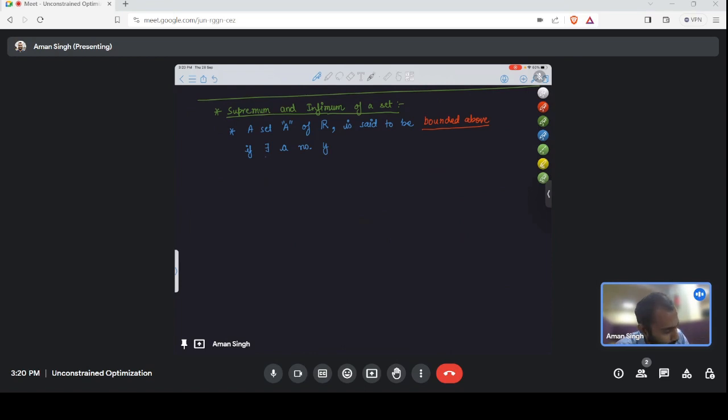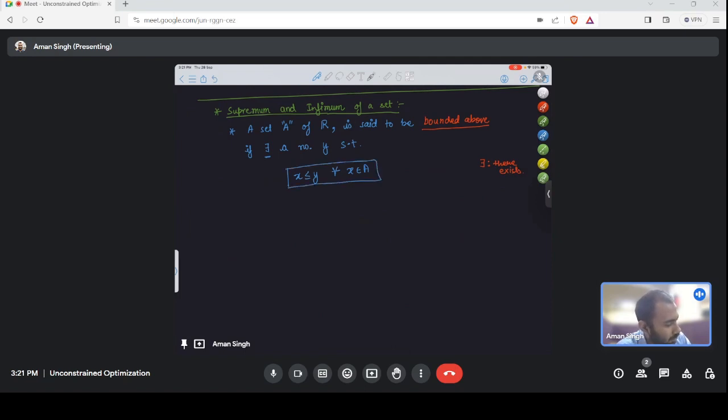This symbol is there exists. Now a number y such that x is less than or equal to y for all x belonging to A. So all members of A are less than or equal to y. Then we can find a number y such that all members of A are less than y. Then A is said to be bounded above.